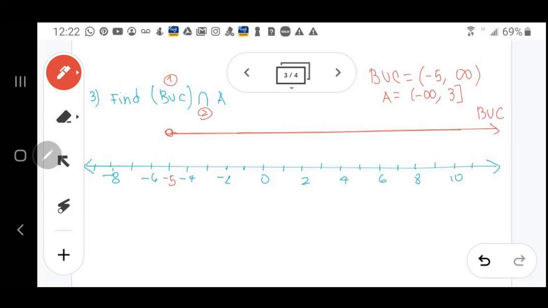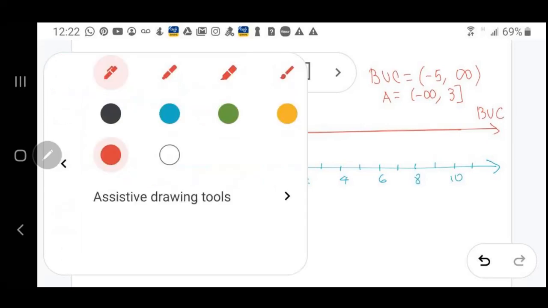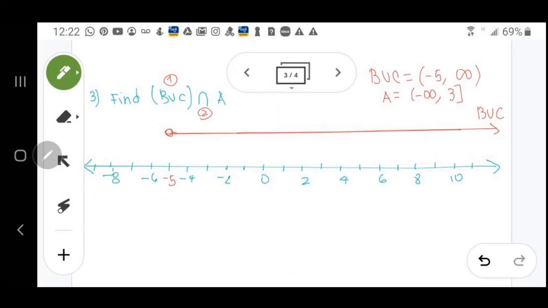Now let me graph the interval A, and the interval A is the one that comes from negative infinity up to 3. Let me locate 3, it's over here.